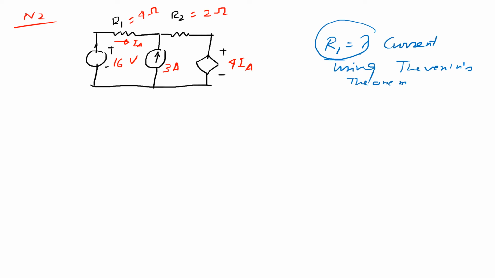So for that case, first you have to determine Thevenin voltage. So first thing is determination of Thevenin voltage. If you mark this terminal as A and B, first you remove that load resistance from the terminals A and B, and the circuit will look like this.